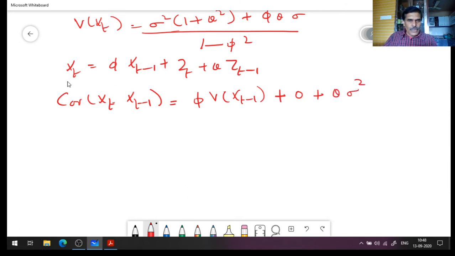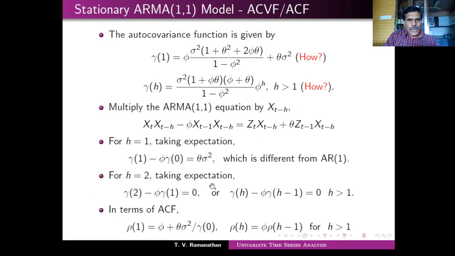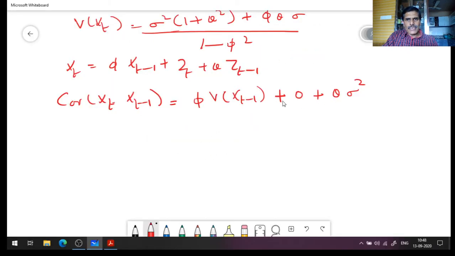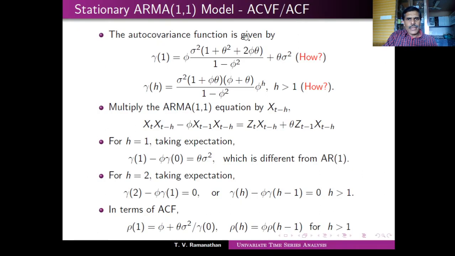and you multiply xt minus 1 with zt, that is 0, plus xt minus 1 with theta zt minus 1, that is theta sigma square. So you have to substitute the variance formula over here and simplify it, and that leads to this formula. So it is phi into variance plus theta sigma square. I have already proved it for you.